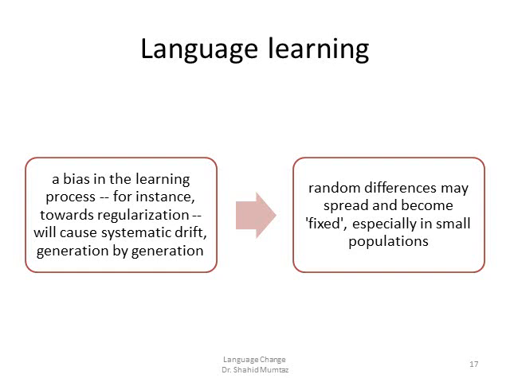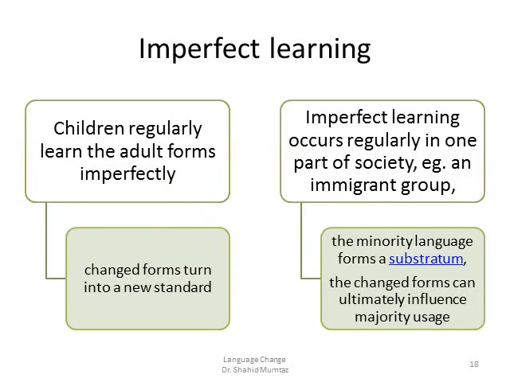In addition, random differences may spread and become fixed, especially in small populations. According to one view, children regularly learn the adult forms imperfectly, and the changed forms then turn into a new standard.